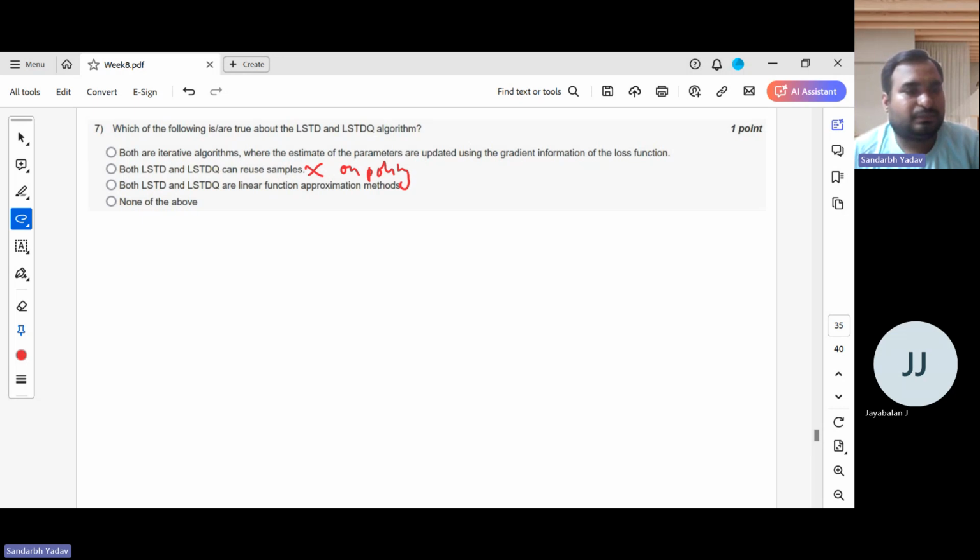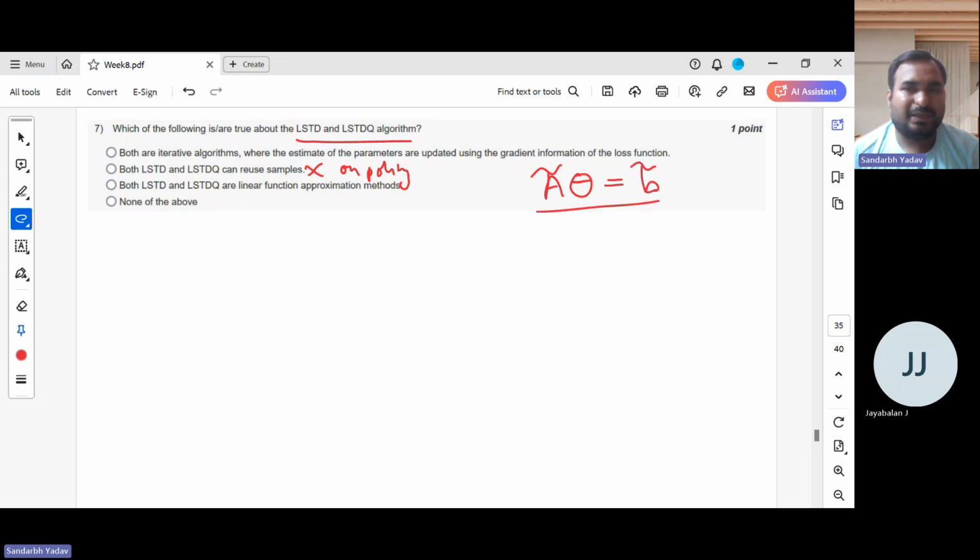Obviously, both are iterative algorithms where the estimate of the parameters is updated using gradient loss. So in LSTD, were we using some kind of iterative thing? We were instead solving this equation, A w equals b, where A is a matrix.